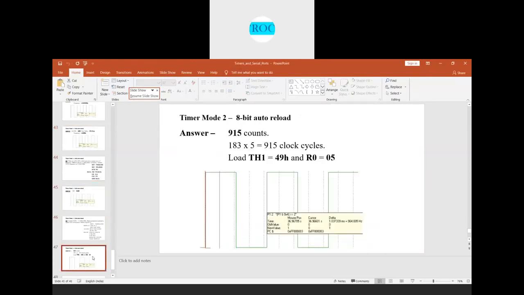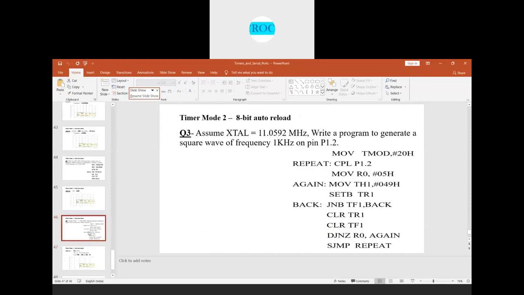But here in this question, we need to generate a frequency of 1 kilohertz. We know that with the initial count of 00H in the higher byte register, we can get the minimum frequency as 1.8 kilohertz. Now how do you generate a frequency which is less than 1.8?